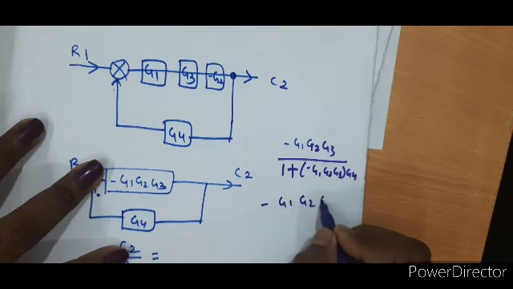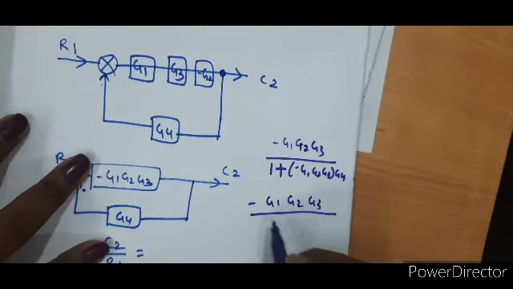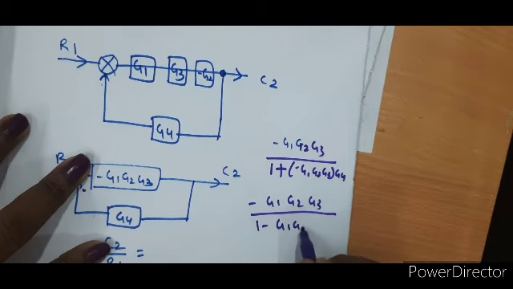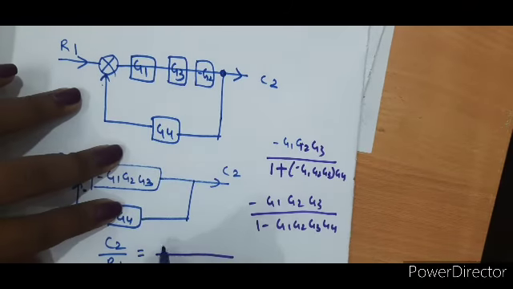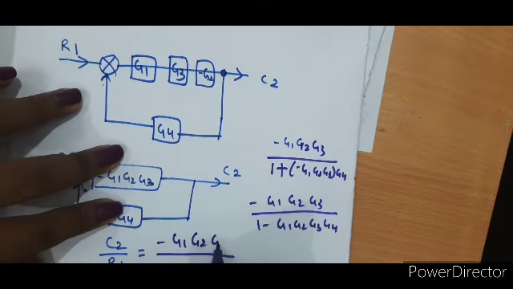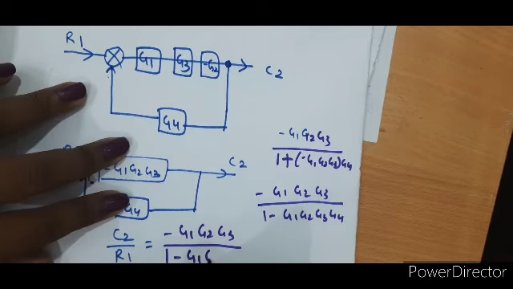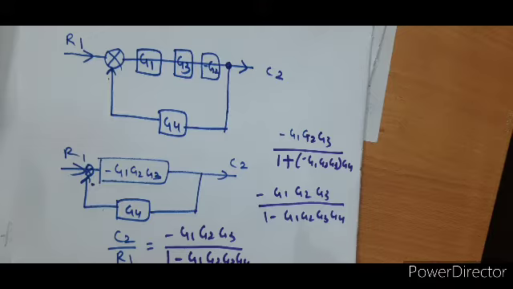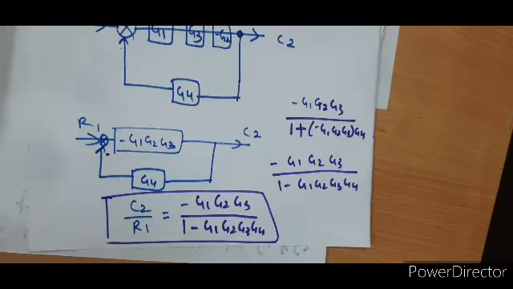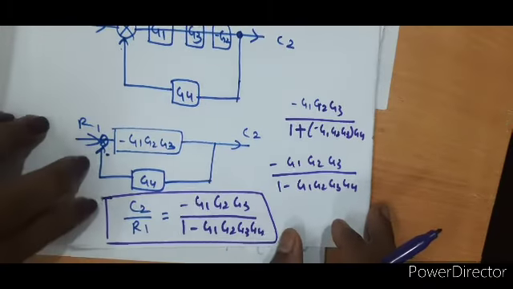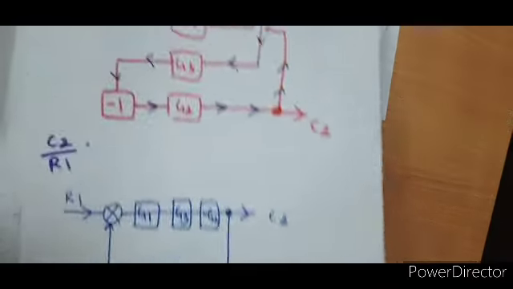Minus G1, G2, G3 divided by 1 minus G1, G2, G3, G4 is the transfer function. This is my third transfer function. Okay, third transfer function. Next up, case 4 I have to find out.